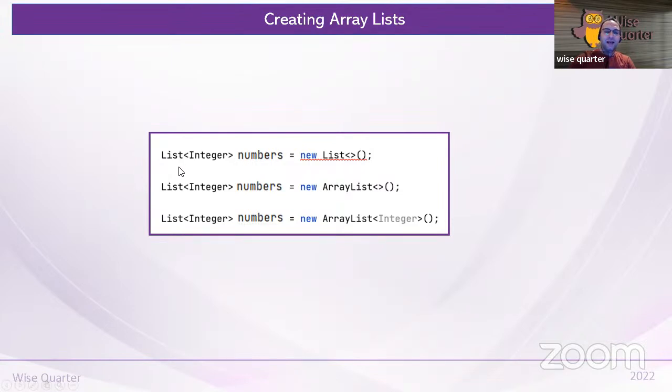But I can say that list is not a class. It is something else. So at the right side, we cannot use list itself. Instead, when we are creating a list, you have to use array list on the right side. You can also write integer, the same data type, between diamonds, but it is not important. As you can see, it is pale. It means if you don't write it, it won't change anything.